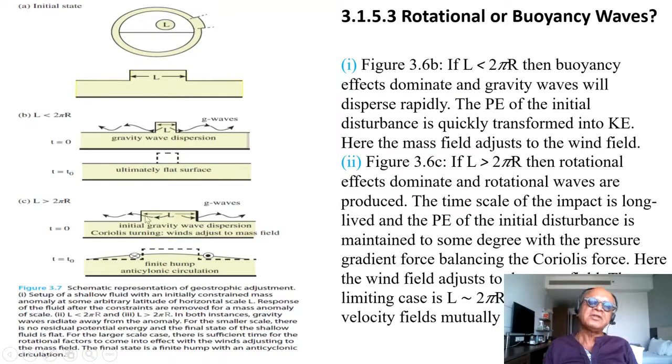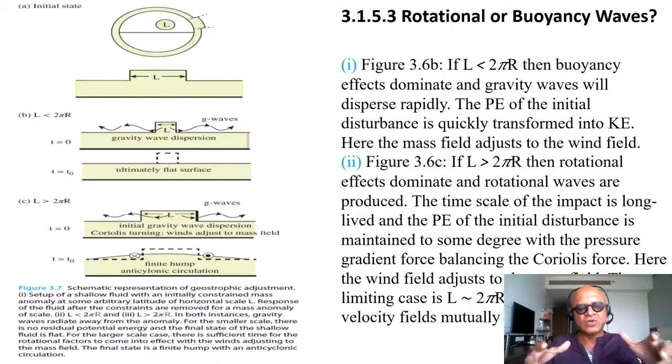If, on the other hand, the perturbation is so large that it is greater than 2 pi times r, where r is again the Rossby radius of deformation, which depends on the equivalent depth, it depends on latitude, and so on, then the potential energy is so large that initial gravity wave dispersion does happen, but the time scale is long enough that the Coriolis begins to act on it, and the winds begin to adjust to the mass field.